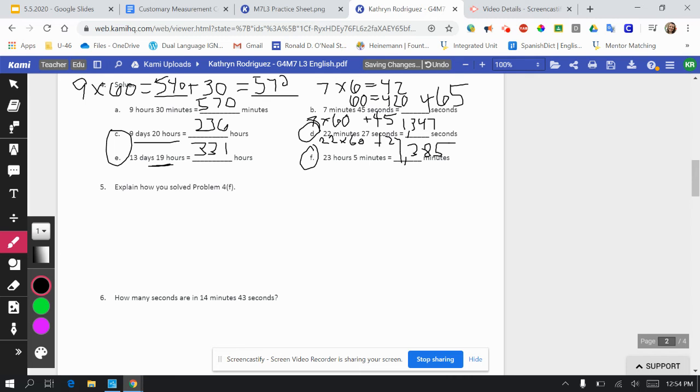Explain how you solved the problem 4F. So that would be this one. Okay, well, you get the idea. All right, so first I said, well, 1 hour equals 60 minutes. So 23 times 60 equals, oh dear, I didn't keep my math, did I? Erased it.